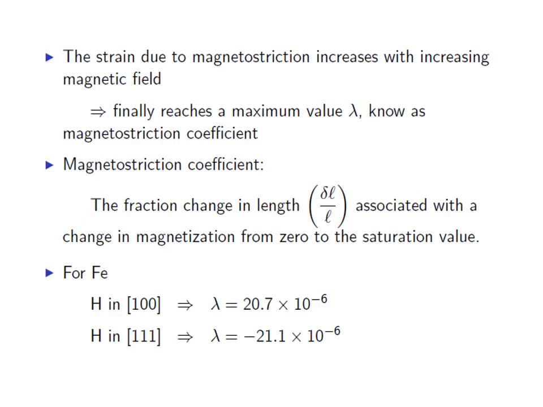Then you can see the magnetostriction coefficient of iron in different directions. If we apply the field along the 100 direction, lambda is equal to 20.7 times 10 to the power minus 6. If we apply the field in the 111 direction, lambda is equal to minus 21.1 times 10 to the power minus 6.